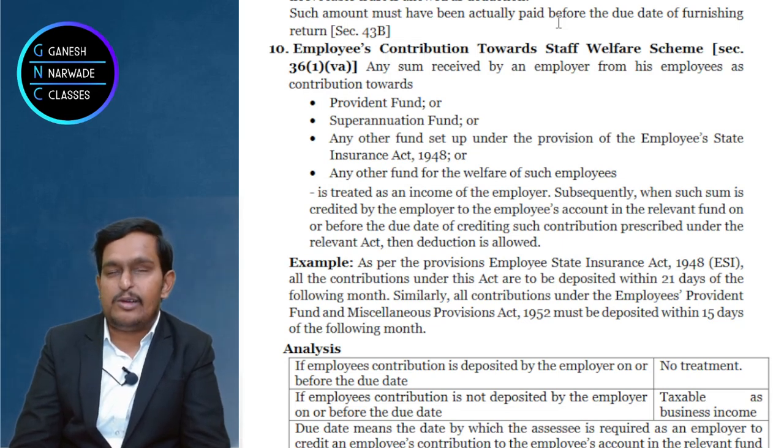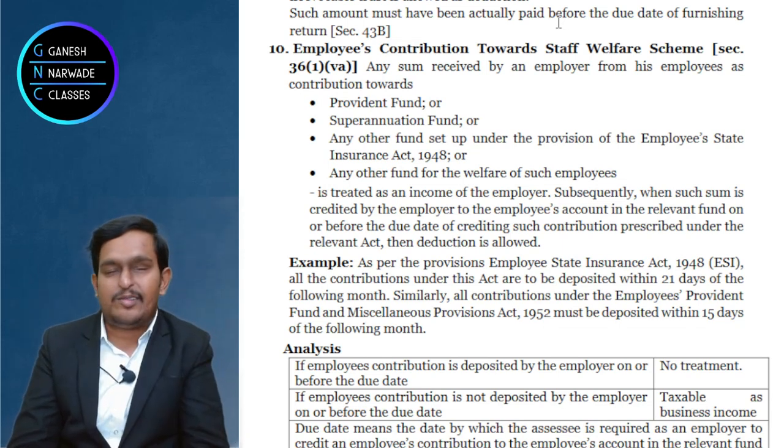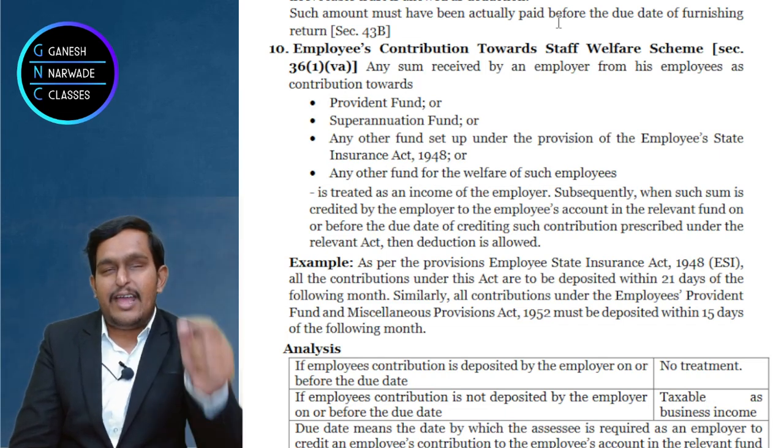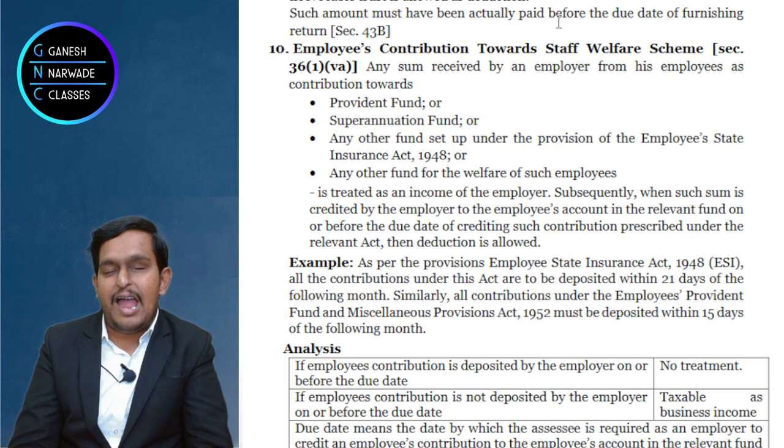Now will the employee go to the fund and deposit the money there? Actually no. So what happens? The employer will deduct the contribution of the employee from the salary and only the balance portion is paid to the employee.